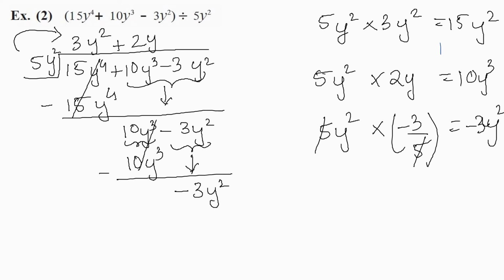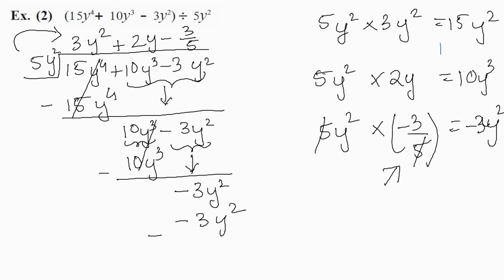So from this we get to know that our next term in the quotient should be minus 3 by 5. So if I multiply here, 5y square into minus 3 by 5 will give you minus 3y square.